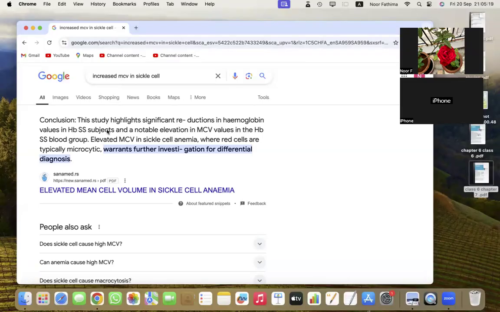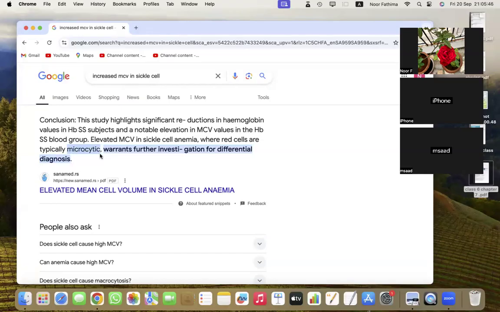This study highlights a significant reduction in hemoglobin values in HBSS subjects and notable elevation in MCV values in HBSS blood group. Elevated MCV in sickle cell anemia, where red cells are typically microcytic, warrants further investigation of differential diagnosis. So usually the MCV in sickle cell anemia is typically microcytic.